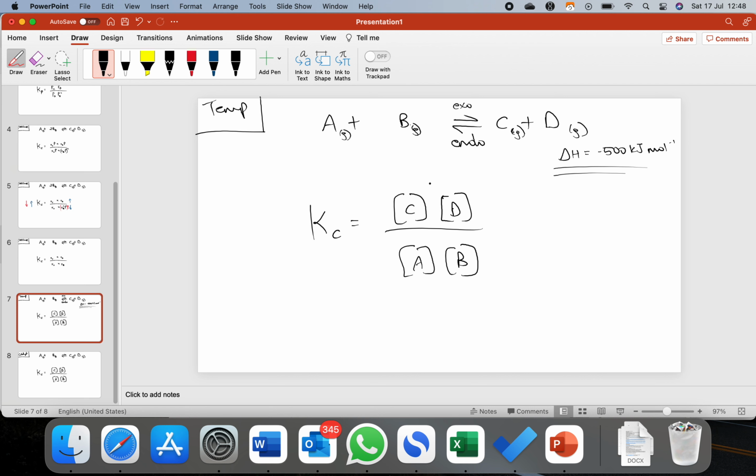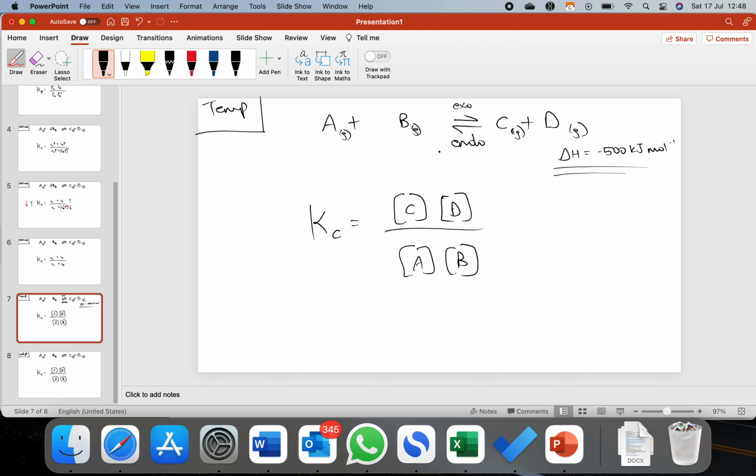The system would like to decrease the temperature. Hence, it increases the rate of the endothermic reaction, because endothermic reactions absorb heat. They get rid of that heat. So, how does it do that? It does that by shifting the equilibrium to the left in this case.